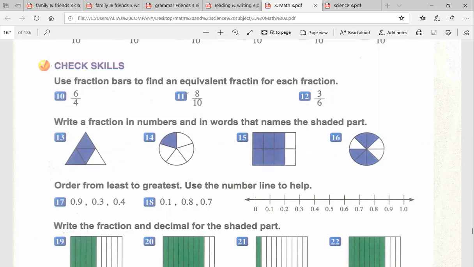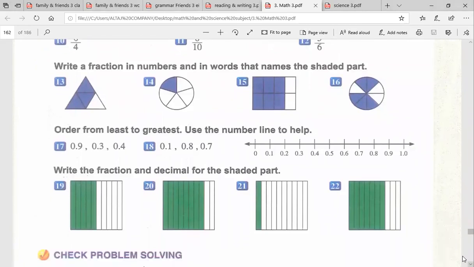What is the instruction for question 17? It says order from least to greatest. Use the number line to help.